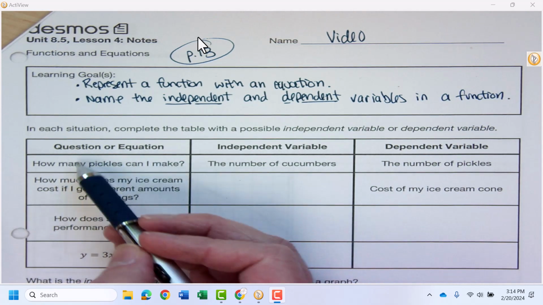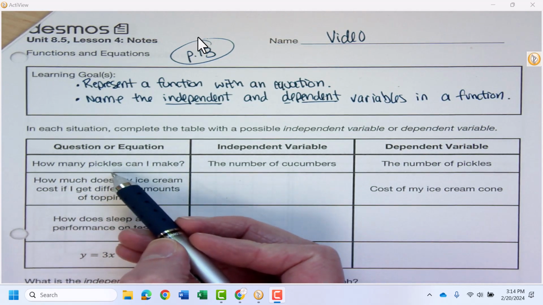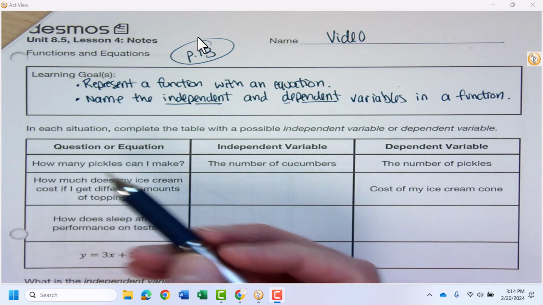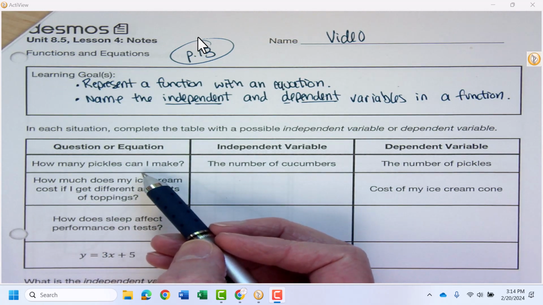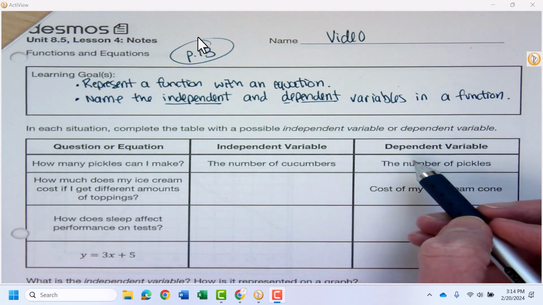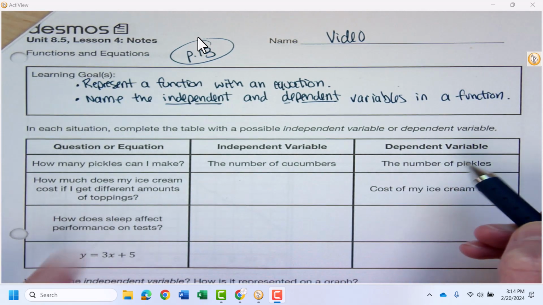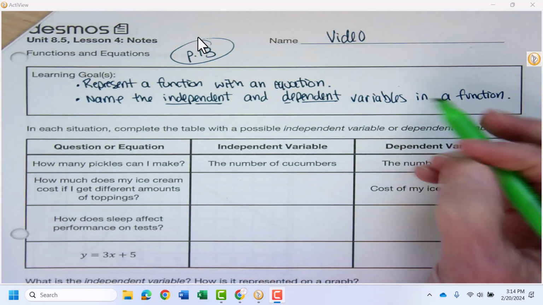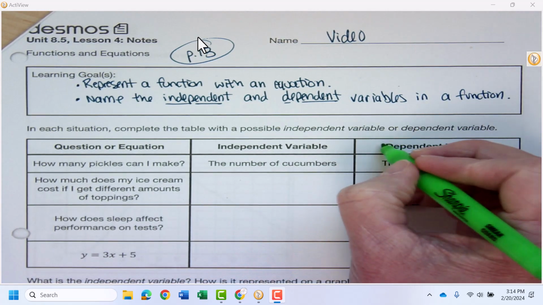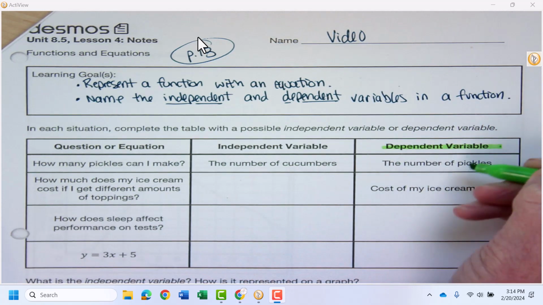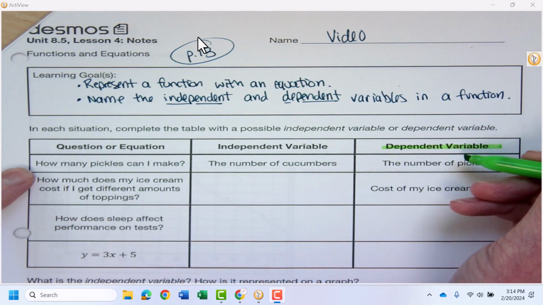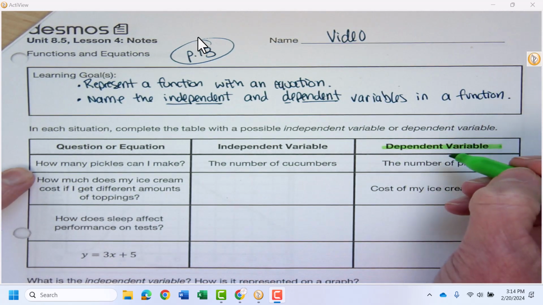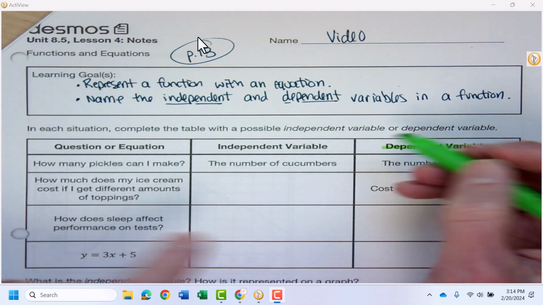Here's my question. How many pickles can I make? Now I'm going to answer that with, well, it depends. Now they've already set me up for which one is which, but I have the dependent variable that's questioning how many pickles can I make? And what it depends on is my ingredients.